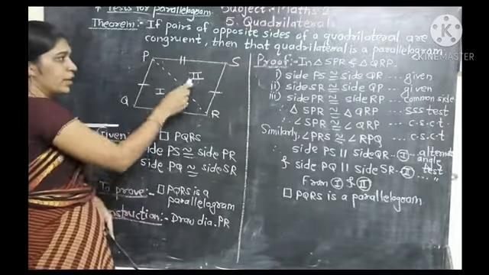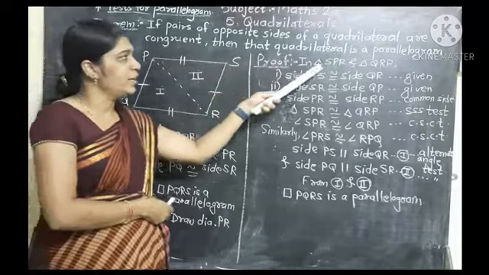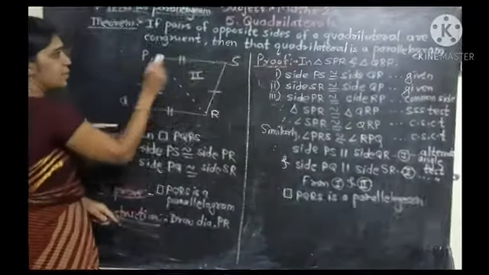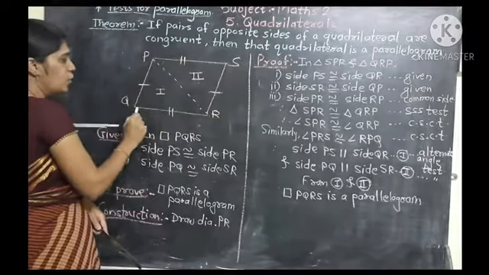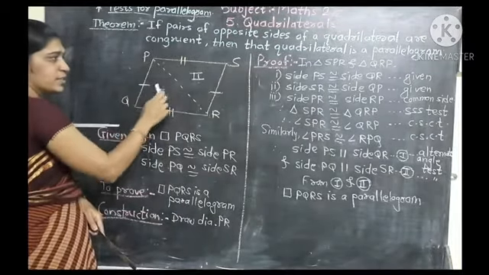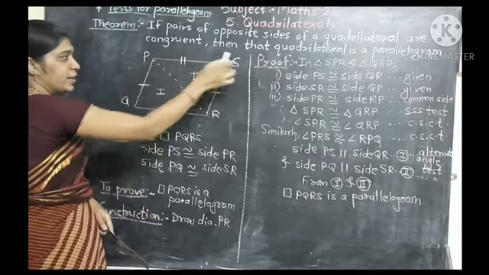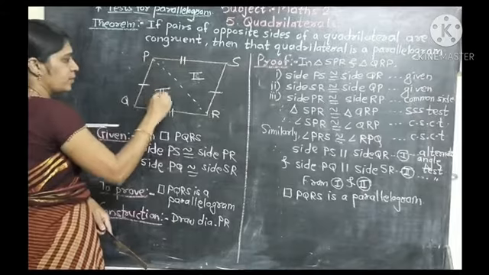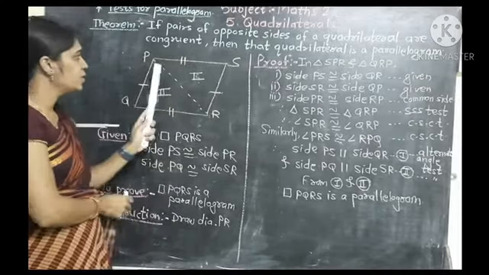So in these two triangles, see the proof. In triangle SPR and triangle QRP, these are the two triangles. First, what is given?